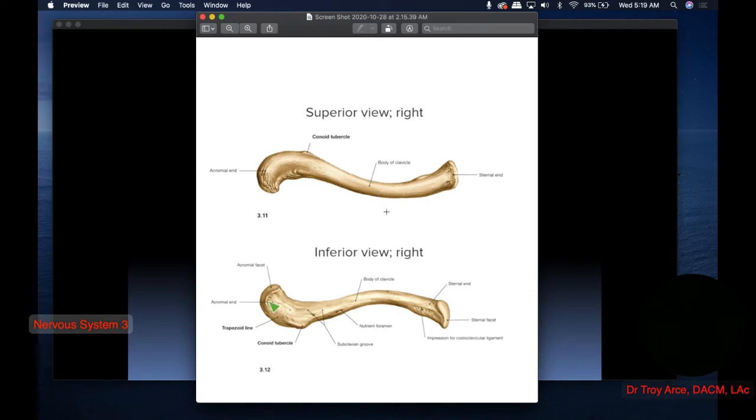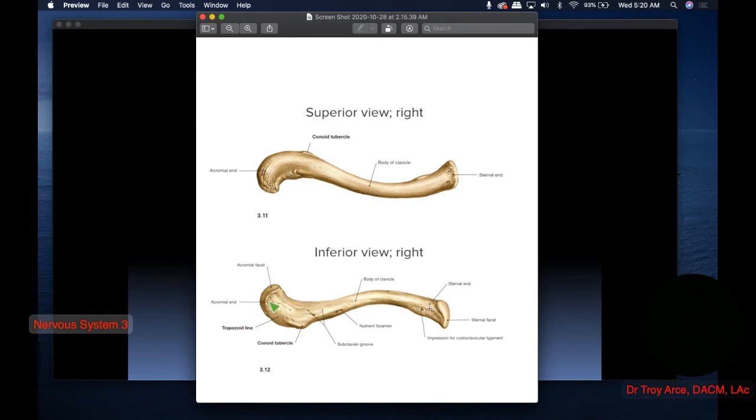If you're looking at the bottom, it's going to be rougher, right? You'll still be able to identify the acromial end because it's larger, and you'll still be able to identify the sternal end because it's thinner. But it's just the opposite, the medial side. We're looking underneath this bone and looking up towards the clavicle. This is your view.